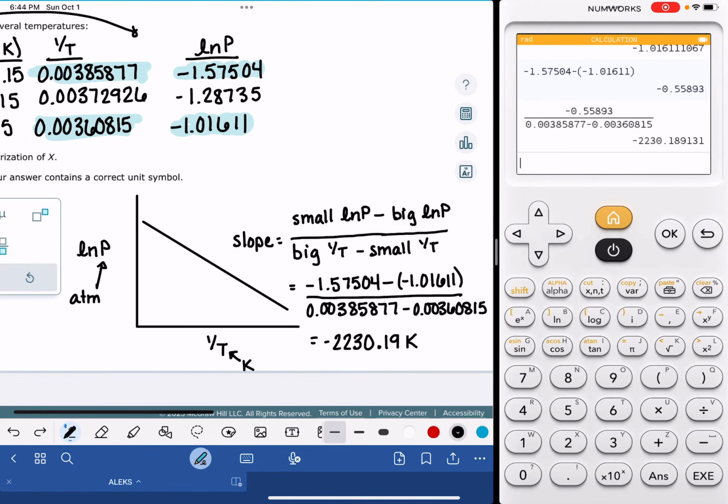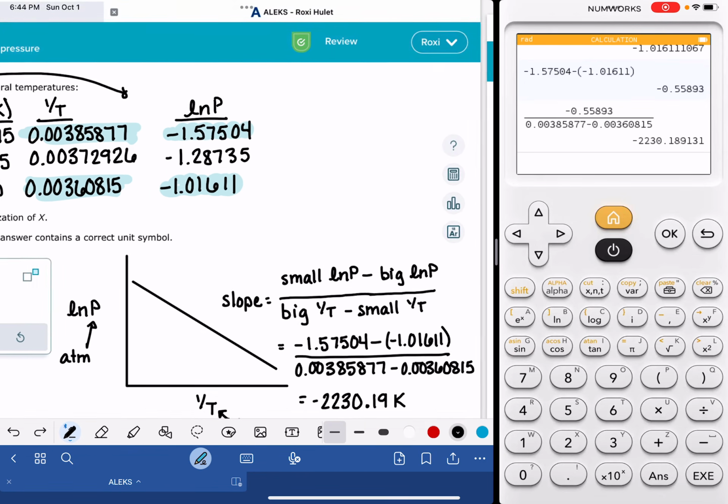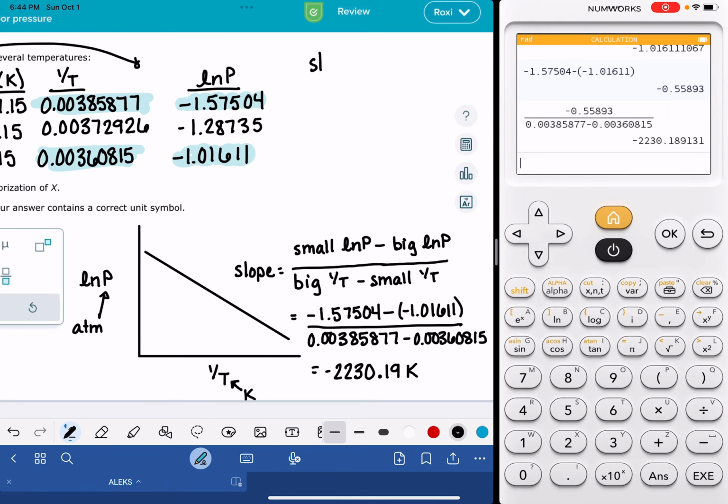And what I'm going to do is take that slope. Remember earlier I said that the slope was equal to the negative delta H over R. And let's not forget, what is the point of this problem? We've done so much math, I've forgotten what we're trying to do.